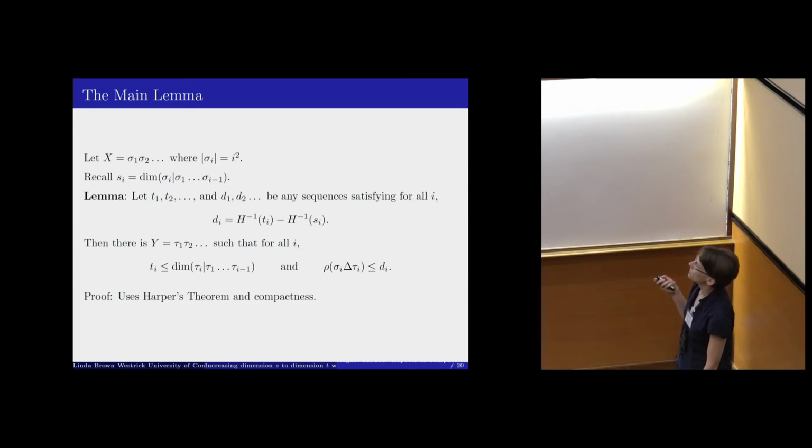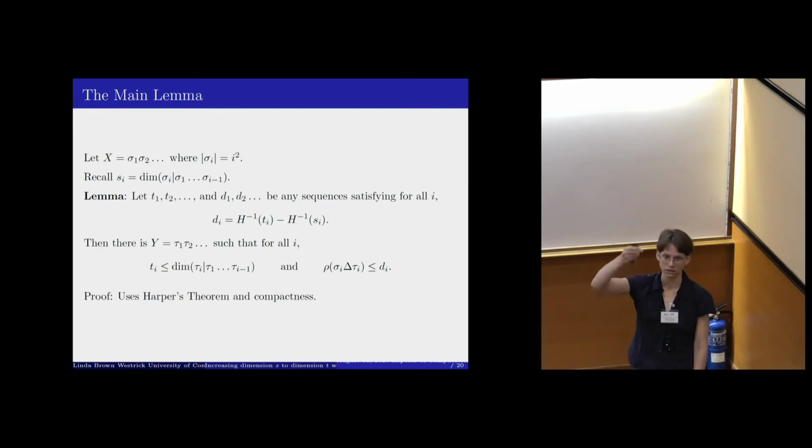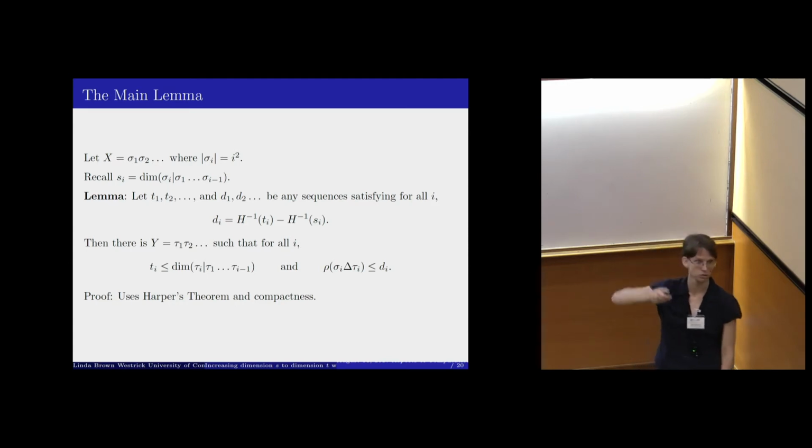Now, the lemma says, suppose that you specify a bunch of t's. So the intention here is for these t's to try to be the conditional dimensions for the chunks of y. And also specify a bunch of d's, with the intention being that these are supposed to specify the density of changes that you need to do to go between the two chunks.